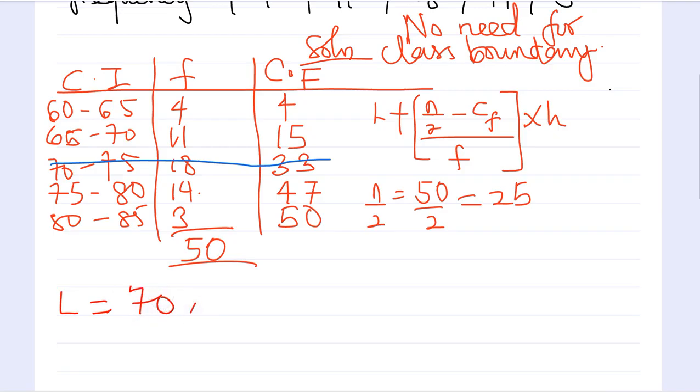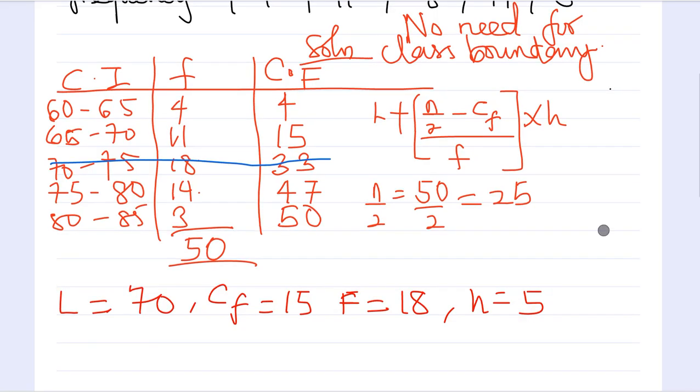Then the CF, the cumulative frequency before the median class, is 15. Then the frequency of the median class is 18. That's how I got that. Then we need our H, which is 75 minus 70, that's 5. So that is how we do that.